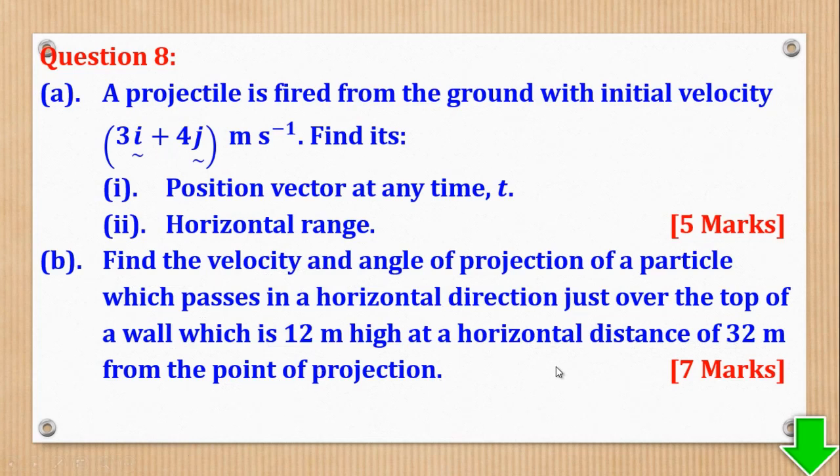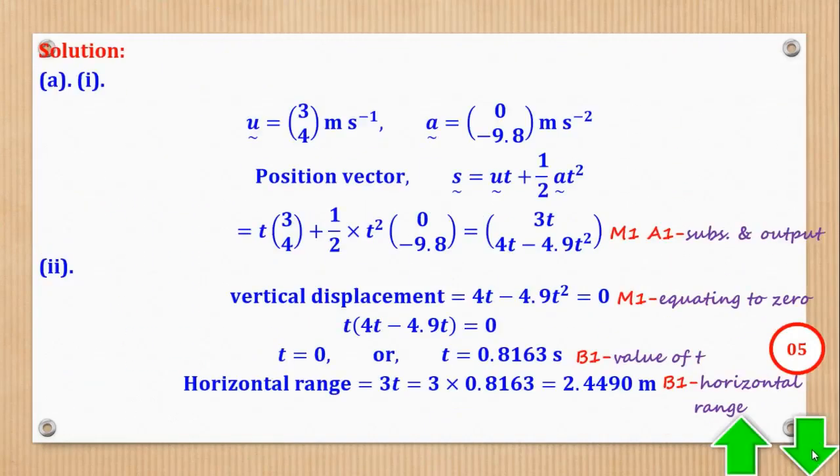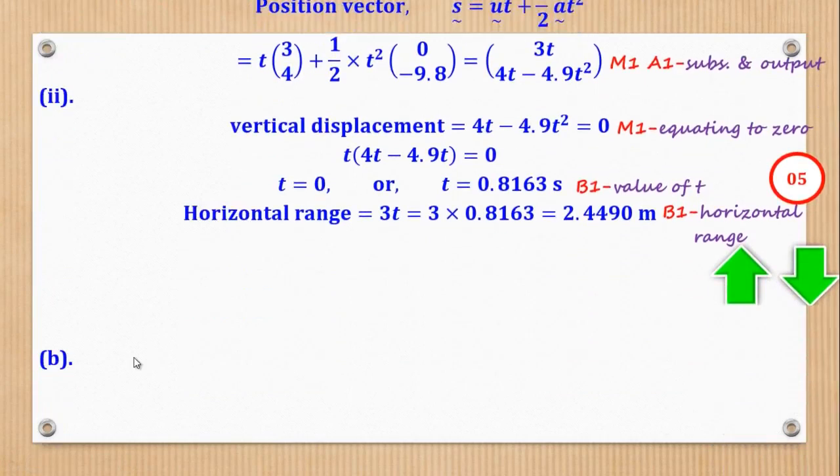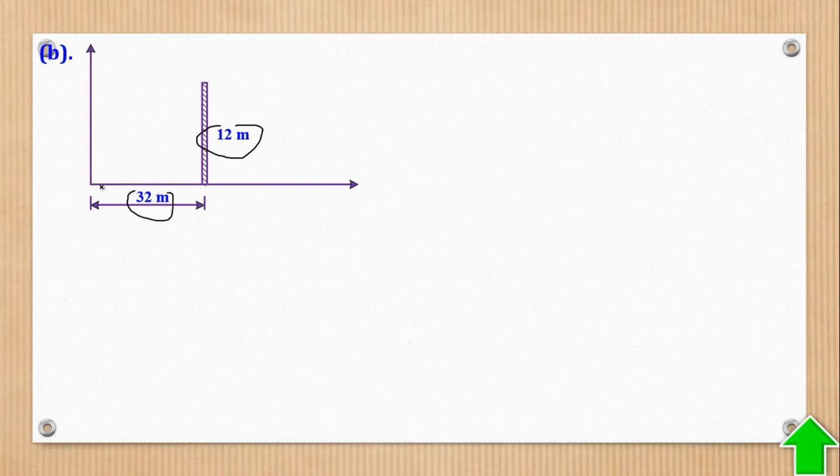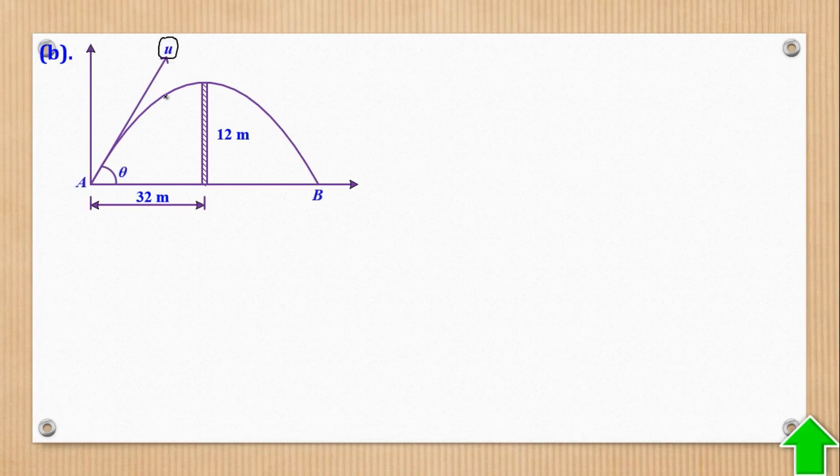So horizontal direction means it is at maximum height. So we're going to come here and draw a sketch. Put the wall which is 12 meters high and a horizontal distance of 32 meters from the point of projection. Then we shall project. So that is the initial velocity they want and the angle of projection.